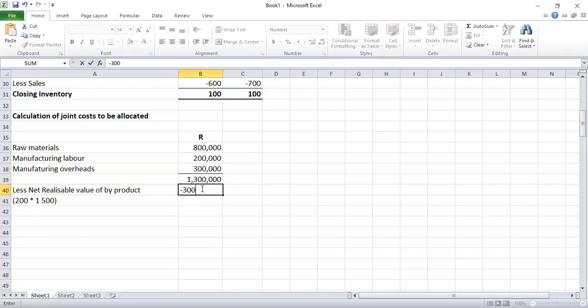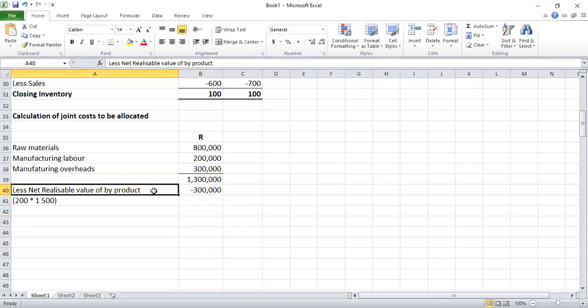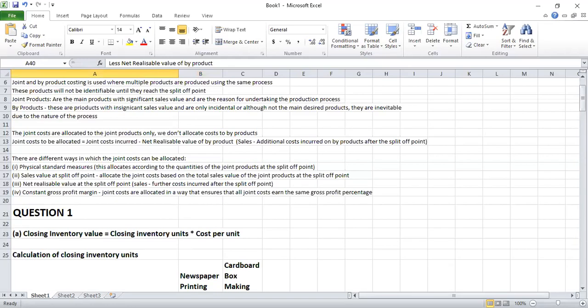Processing further will just add value so that you can sell it at a higher price. But even if you sell it straight after the split off point, you subtract its net realizable value. Processing further does not affect its sales value. It's only that if it's not processed further, there are no additional costs to subtract. Remember, on the net realizable value, you check the sales minus additional costs. The only difference is that we don't have additional costs.